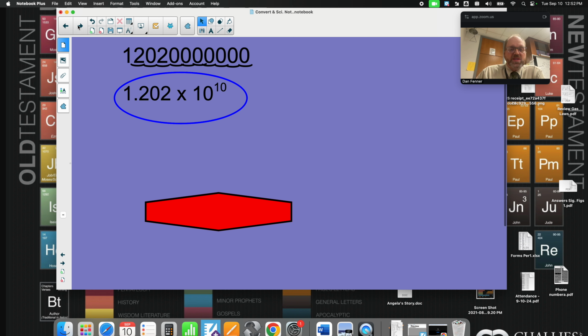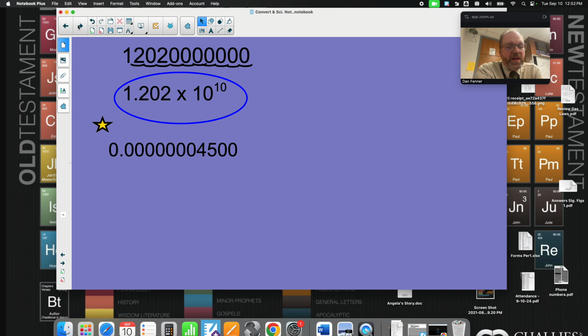All right, let's try this one. Now I've got a bunch of zeros: 0.000004500. All right, base number. Also remember sig figs. Got 4 sig figs, 4 sig figs. Good to go. Now the base number is 4.500. Why did I include those 2 zeros? Well, you see they're significant over here. Remember, they're after a number, after the decimal.